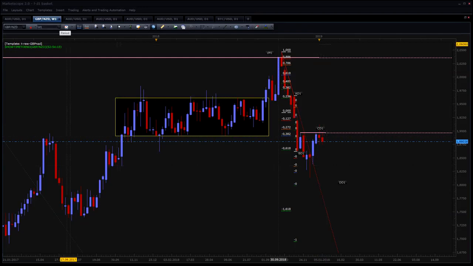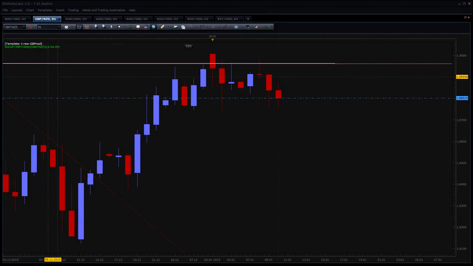This is weekly, so we're going to switch to daily. Consolidating, you can see how it's consolidating. I'm not making much of a clear decision. And that's what happens.